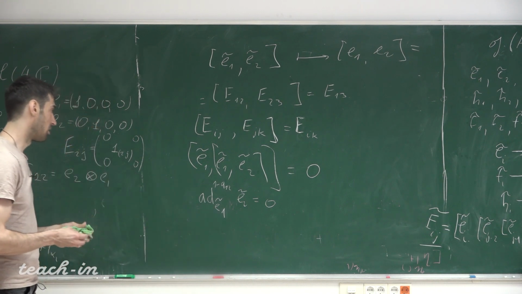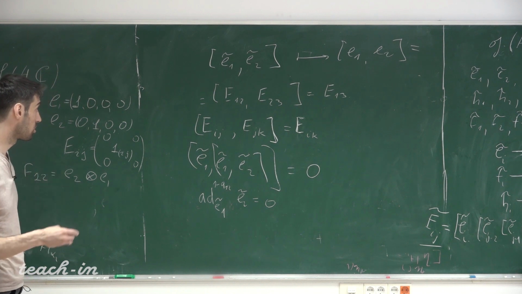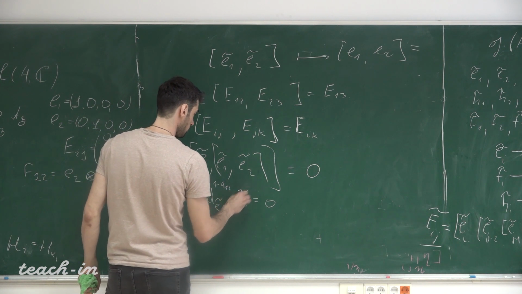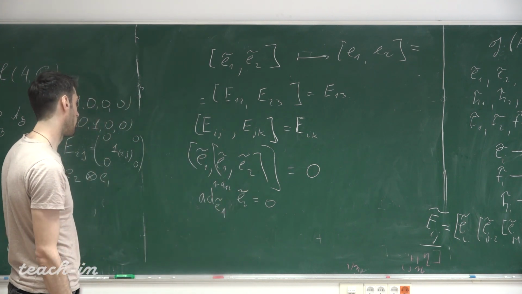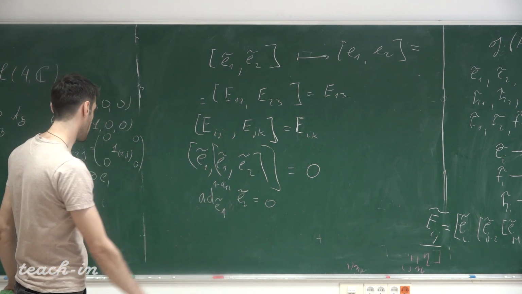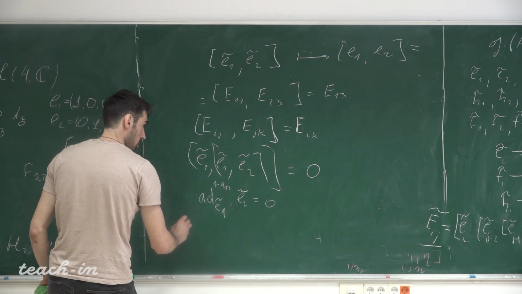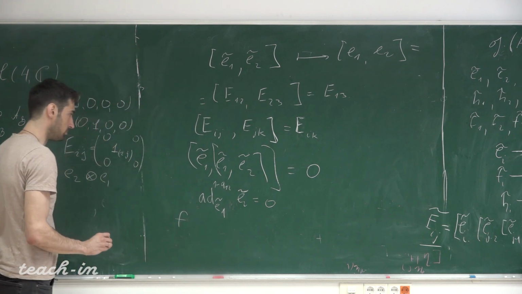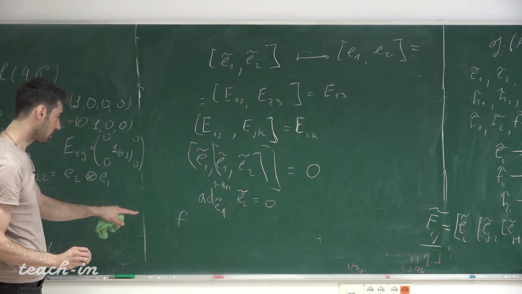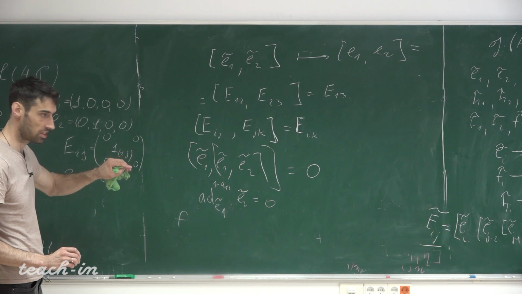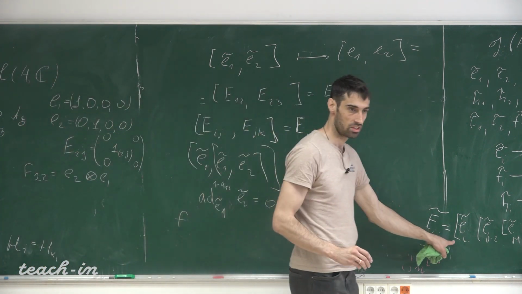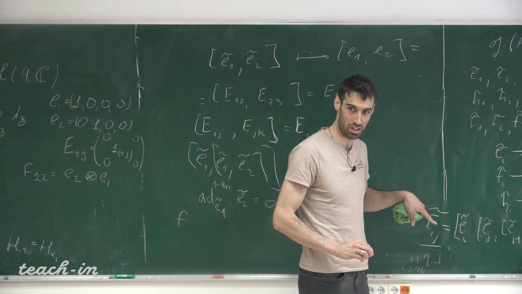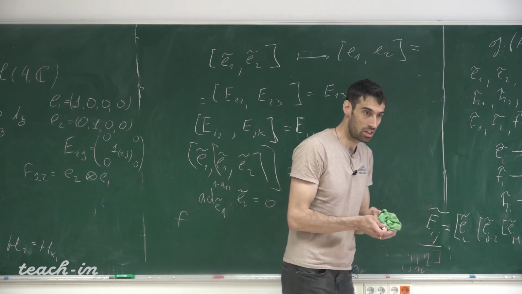But I can also try to make some mixed sequences of this sort, right? I can take E, then commutator with F, then commutator with H, for example.